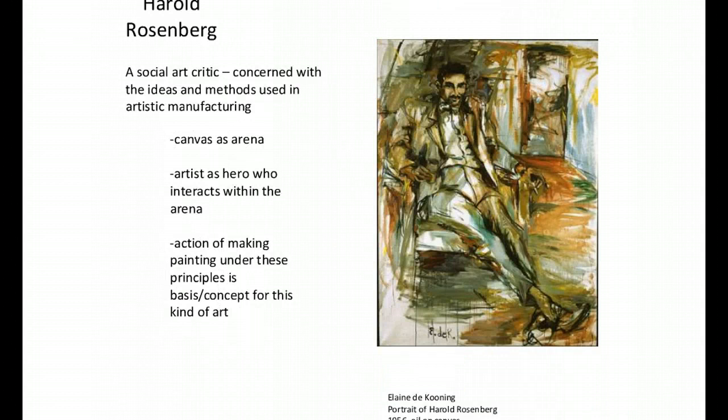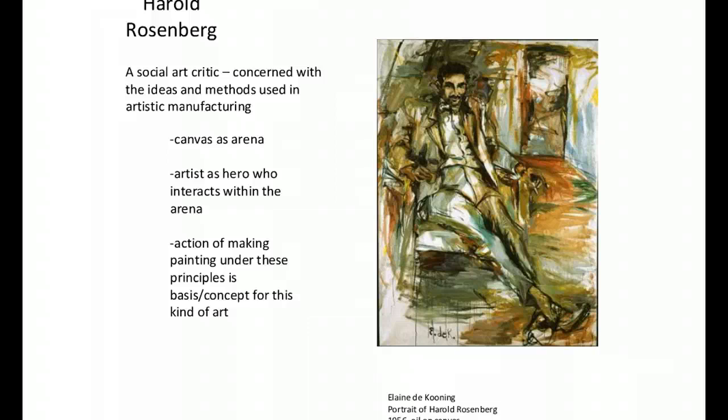So this guy is Harold Rosenberg. I'm sorry, his name's cut off a little bit, but Harold Rosenberg. For him, he's coming to the game a little later. Greenberg is writing about artwork that was created before and during the war, and he's really aligning with a specific kind of European thinking. Rosenberg is coming to the game after the war.